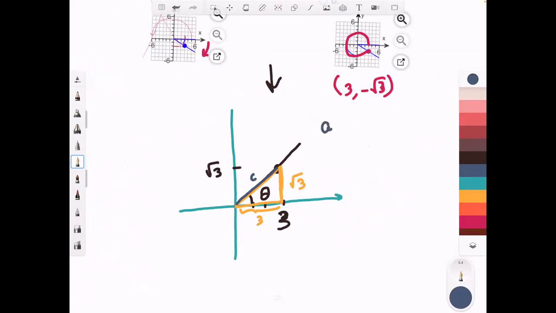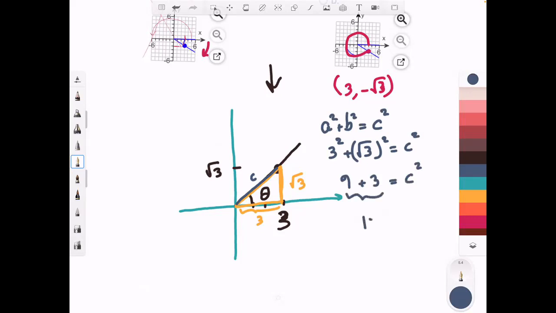We have a squared plus b squared equal to c squared. For example, 3 squared plus radical 3 squared equal to c squared. We have 9 plus 3 equal to c squared. 9 plus 3 is 12. 12 equal to c squared. We are looking for c.